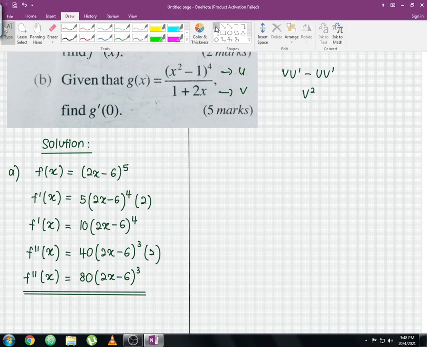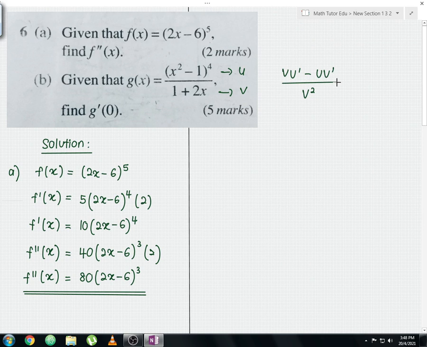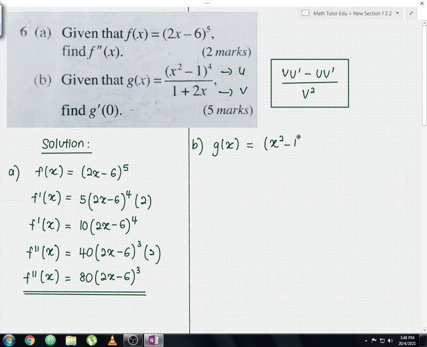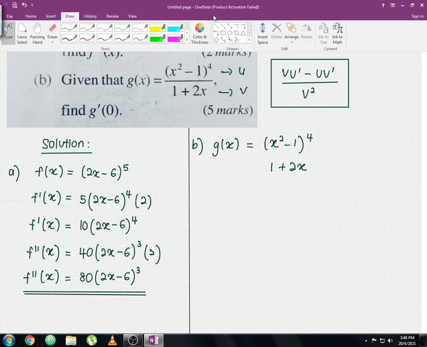Let me underline the fraction and box the formula. Let us continue. From here let us write down g(x), which is equals to (x square minus 1) to the power of 4 over 1 plus 2x.